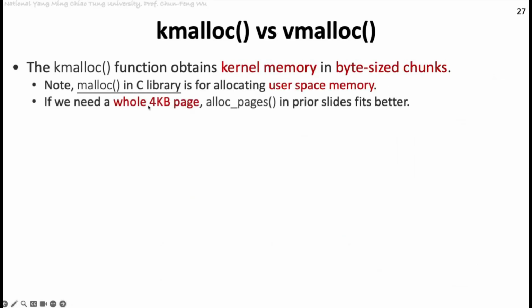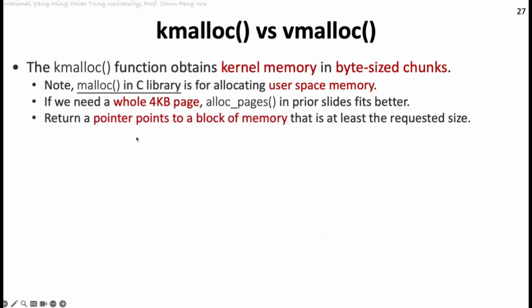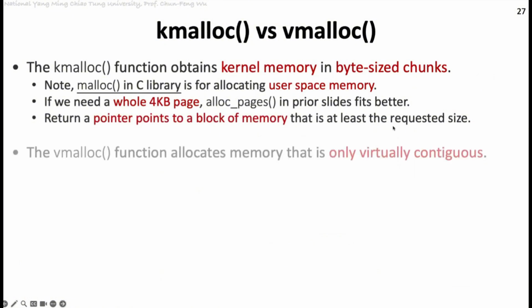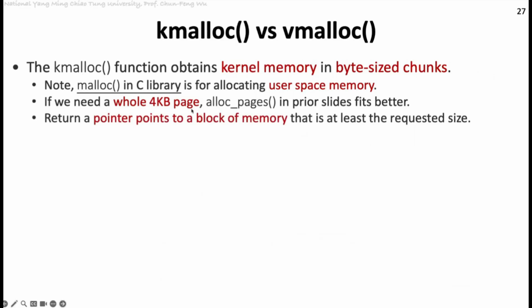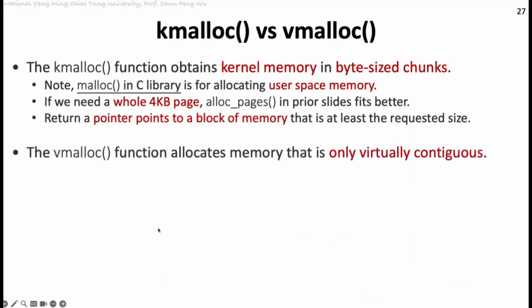Okay. So if we need a full 4 KB page, allocating a page in the prior slice fits better. And it returns a pointer to a block of memory that is at least the requested size when you are using kmalloc. But if you are going to use a smaller size, not like 4 kilobytes, you can use this kmalloc allocator. It will call the slab function to help you do the memory allocation.